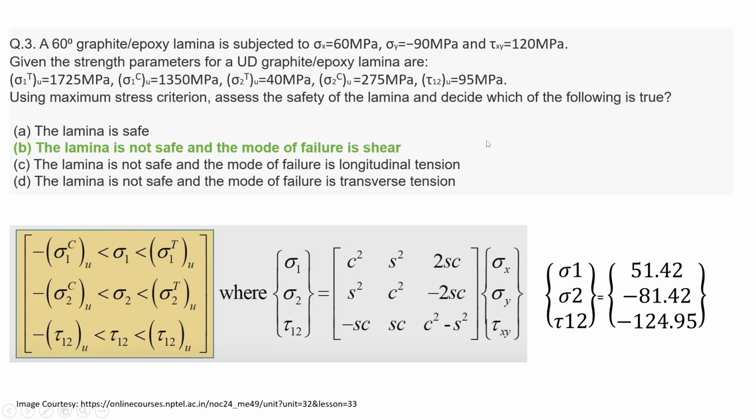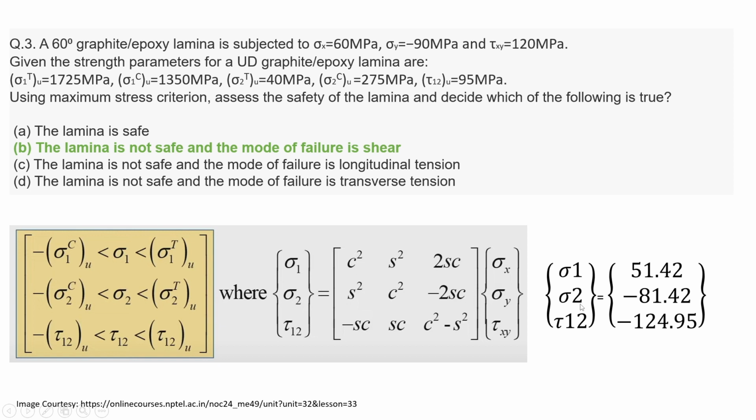Whenever we talk about stress in direction 1, the highest value it can go to is the ultimate tensile strength, and the lowest is the compressive strength. The compressive strength we take as negative, because tension is positive and compression goes in the other direction. So the first value has to lie between 1725 and minus 1350 megapascal, and it does.